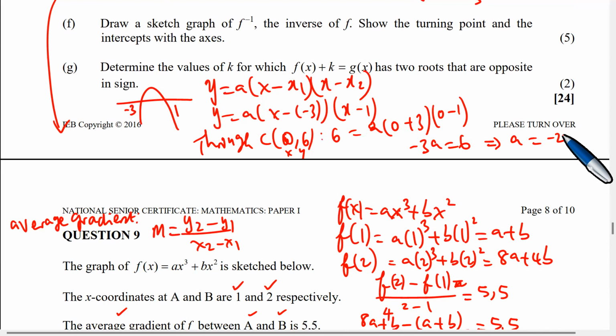So you put the a in front. So y is minus 2 into x plus 3, x minus 1.